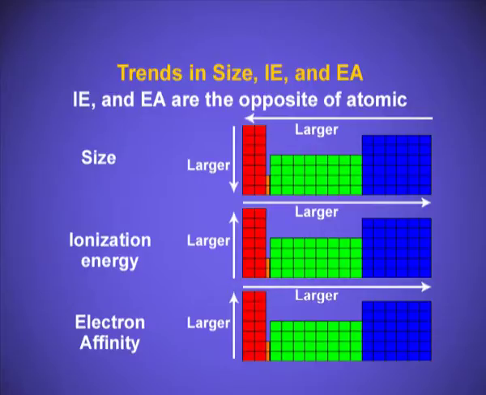This shows that they have larger size as compared to the p block elements. Ionization energy increases across a period from left to right and it decreases down the group. Electron affinity also increases across a period, but it decreases down the group.